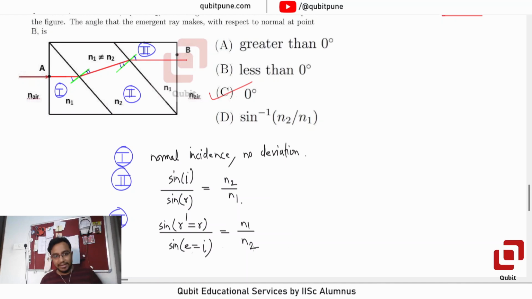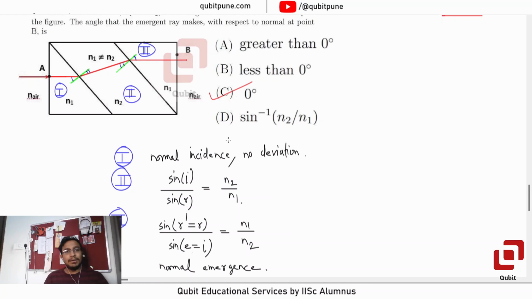So the reciprocals, because the hypotenuses are parallel, and then when it emerges out, it will be normal. Normal emergence, so the correct option is B.